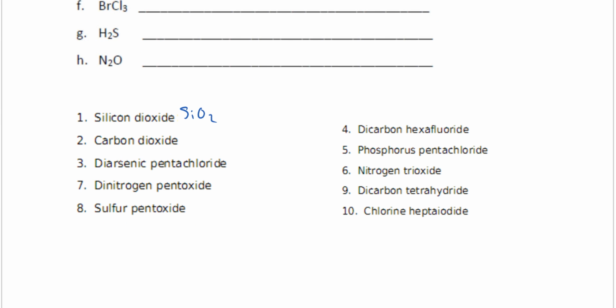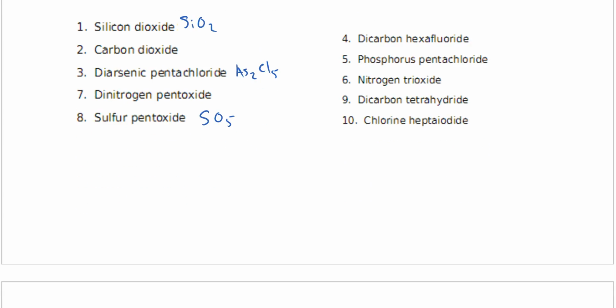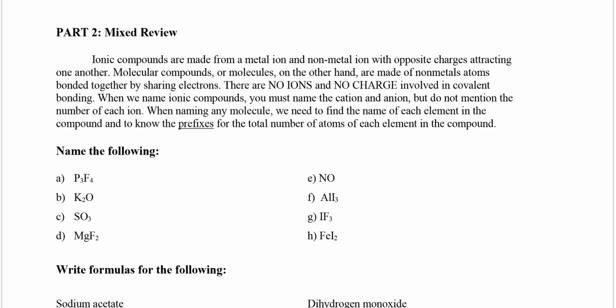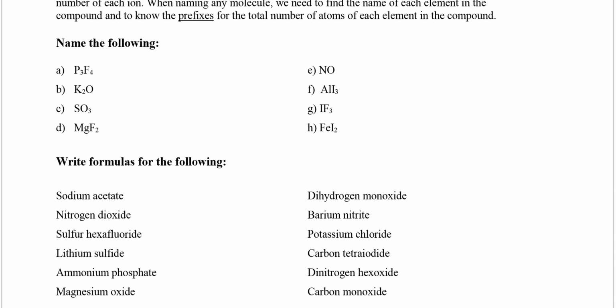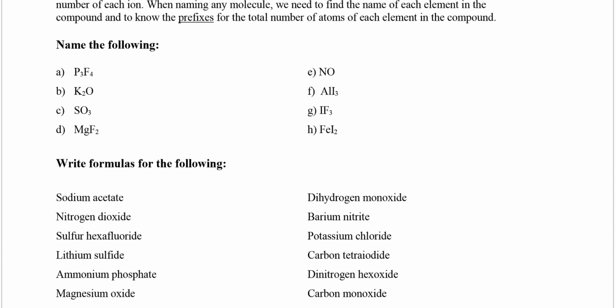Silicon dioxide, diarsenic pentachloride, or sulfur pentoxide, and so on. We can make things a little bit more challenging in the next section by doing a mixed review of trying to name both ionic and covalent compounds. Let's start with a few examples of writing names and then writing formulas.